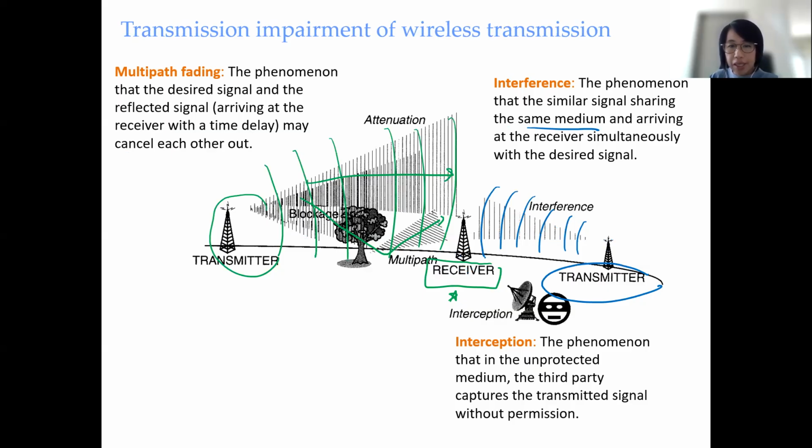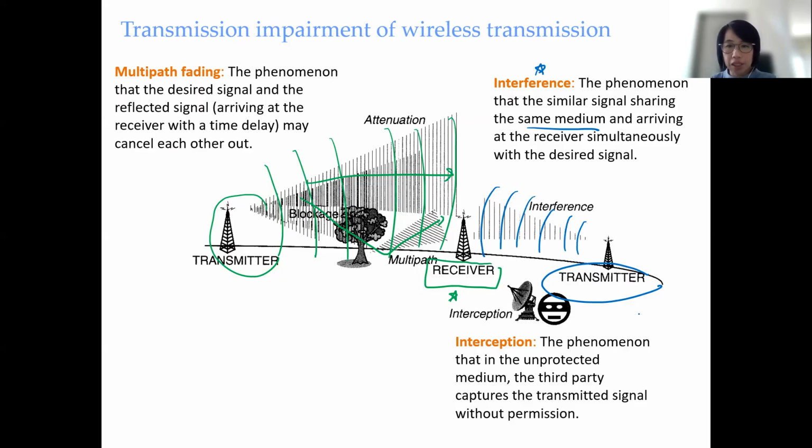But then in this case, similar to multi-path fading, at the receiver side there are multiple signals and they combine with each other. Then at some instants of time, they cancel each other, right? And sometimes they combine with each other, so it gains a lot. Of course, in this case, interference also makes the signal fluctuate.